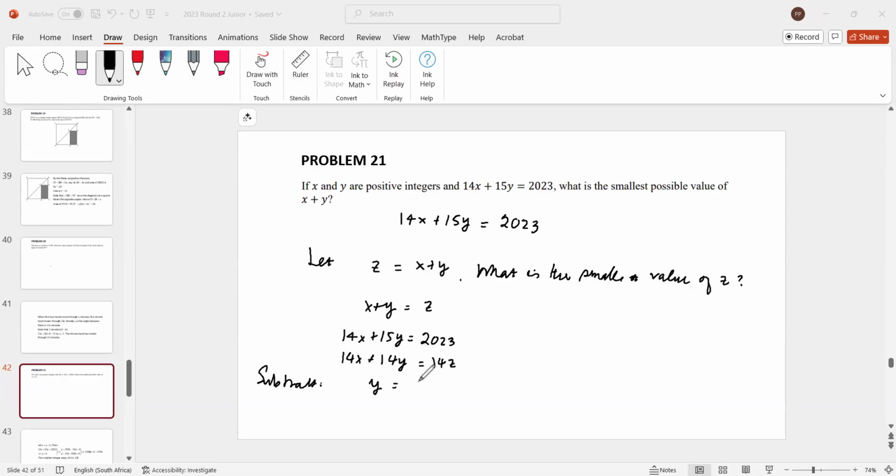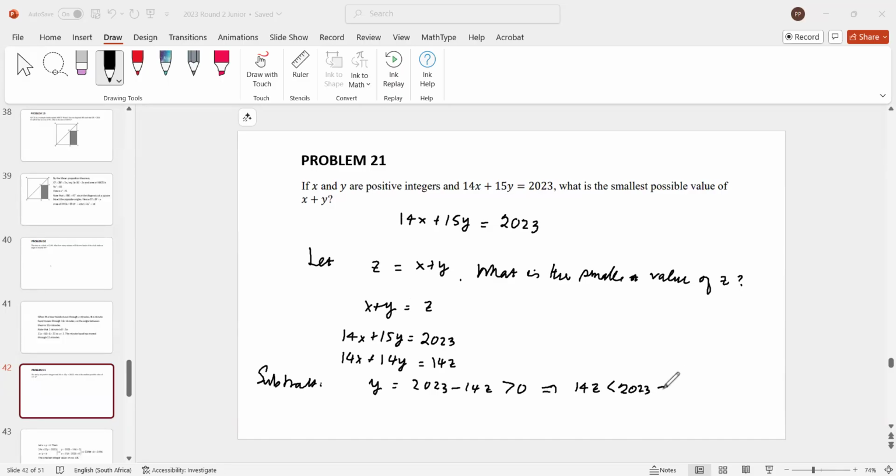And here you've got 2023 minus 14z. Now, y is a positive integer, so you want this to be a positive integer. And now that tells you you've got an inequality in z. So this means that 14z, if you take it to the other side, is less than 2023.